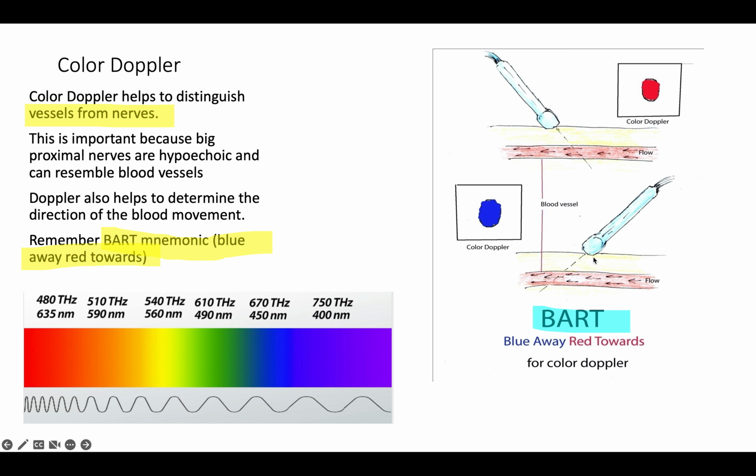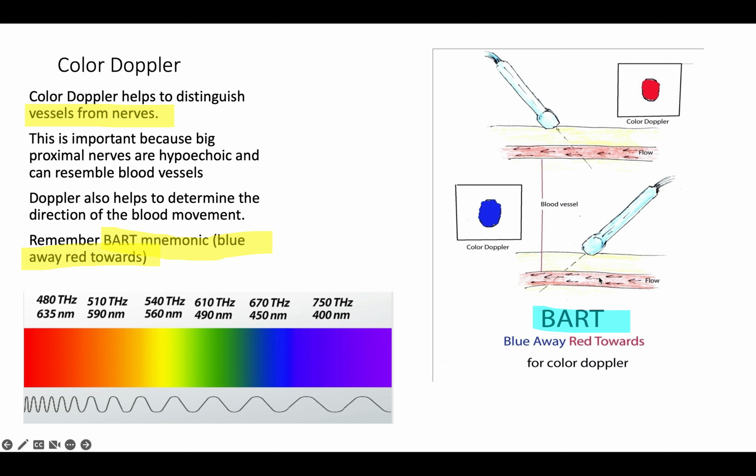We use a mnemonic called BART, and BART stands for blue away, red toward. It means that if we see red color on the screen, the moving object right here is blood, erythrocytes, moving towards the transducer.